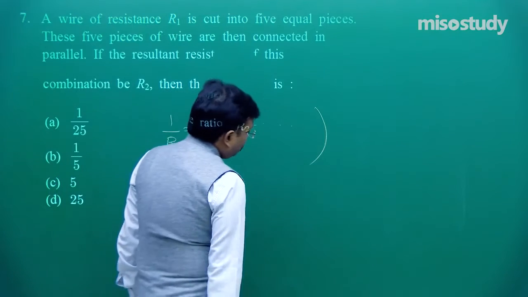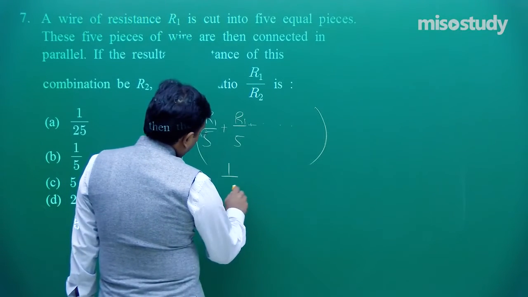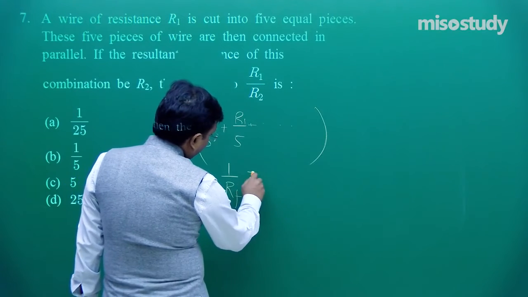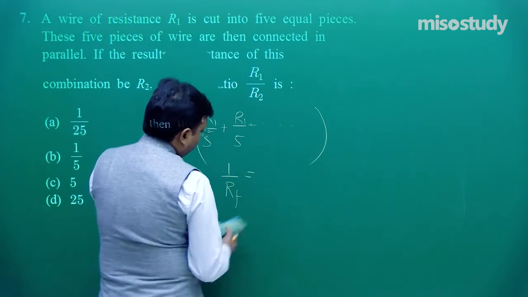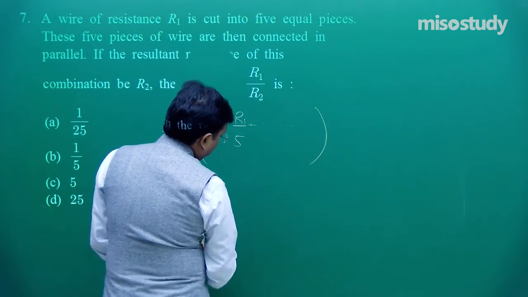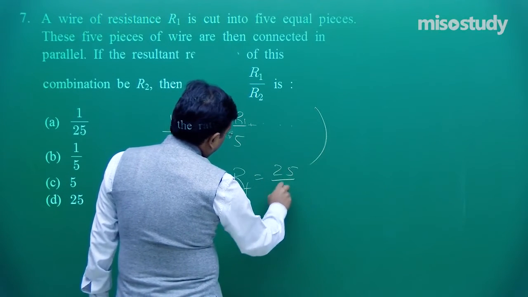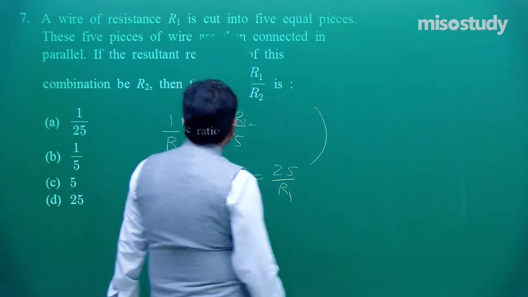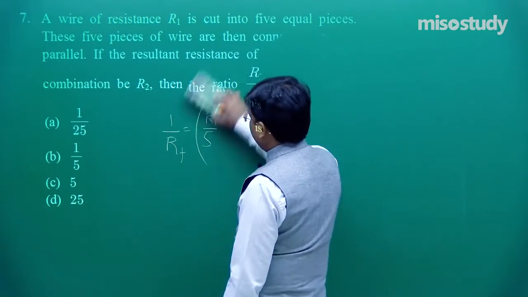When you calculate, you will get 1 upon RF is equal to, I think I should write down the final answer. So, final is going to be 25 upon R1. Fine. So, this is your final value of resistance.